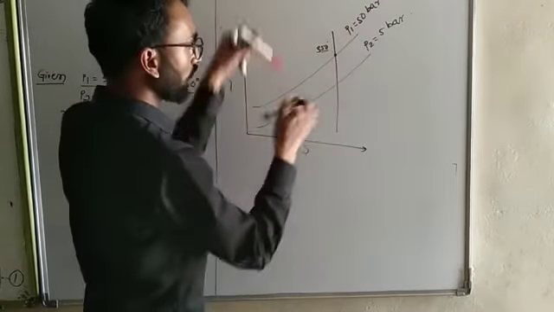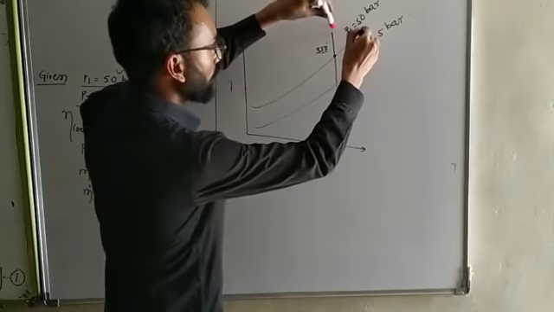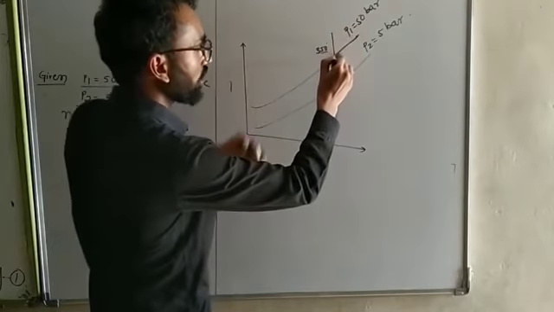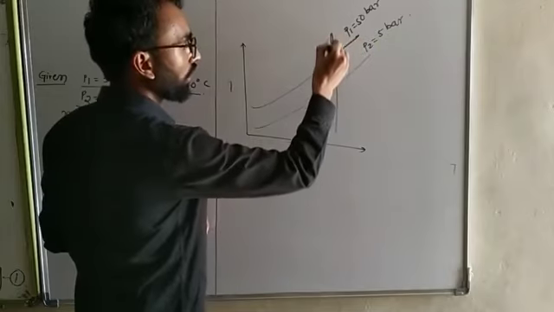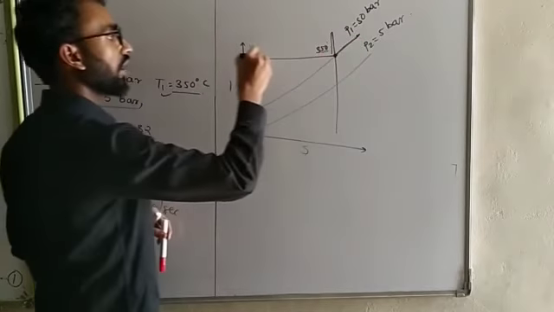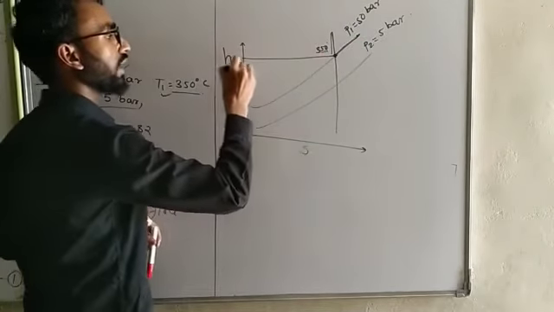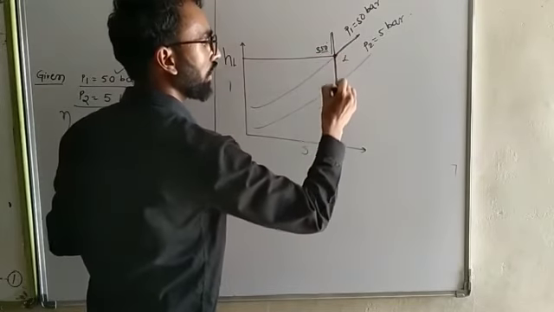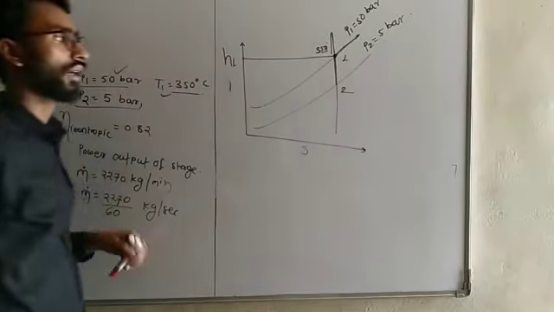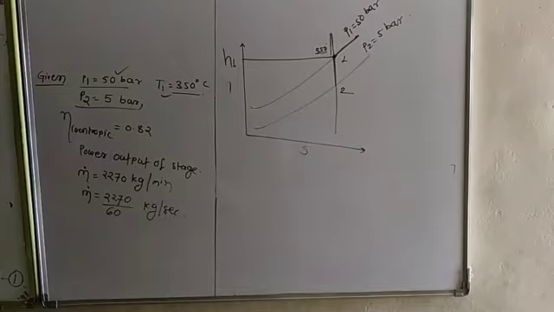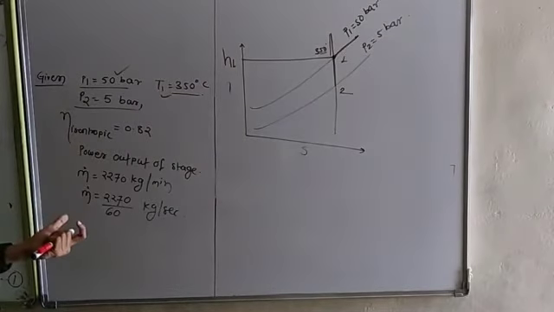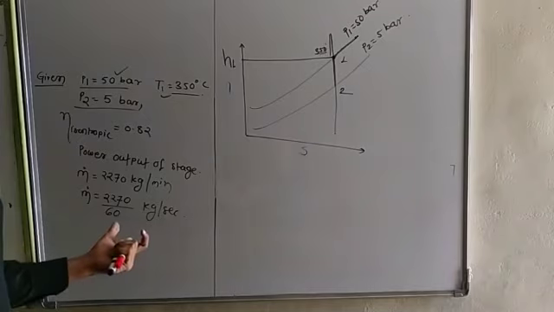Now look at here. This is the 50 bar line, touch the point. From this point, go straight to the right-hand side and you will get the value of H1. This was 1 to 2. 1 to 2 is the isentropic heat drop.